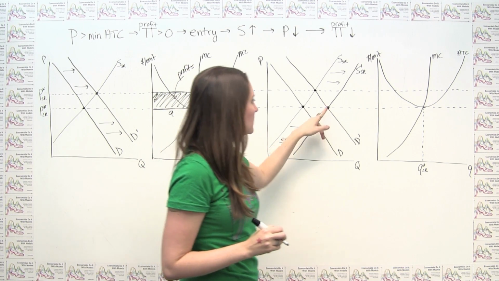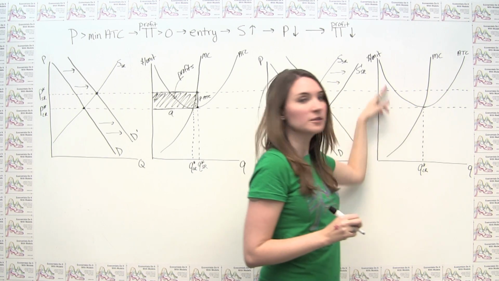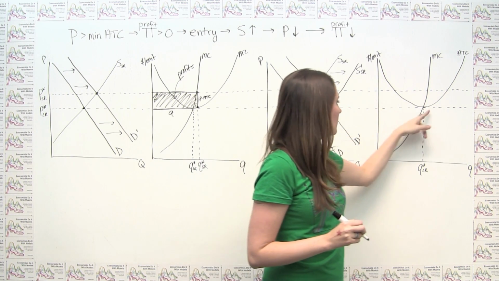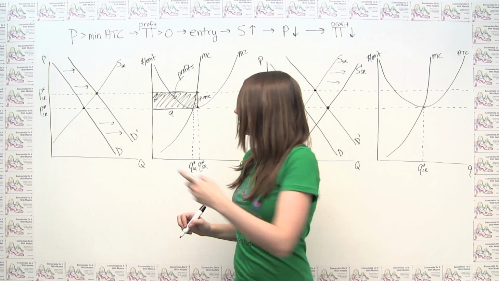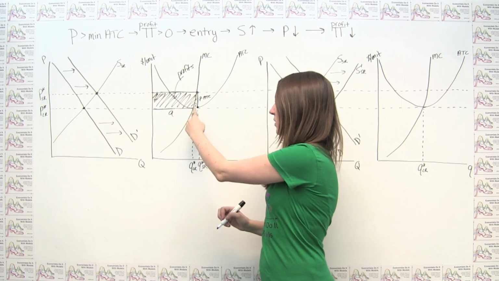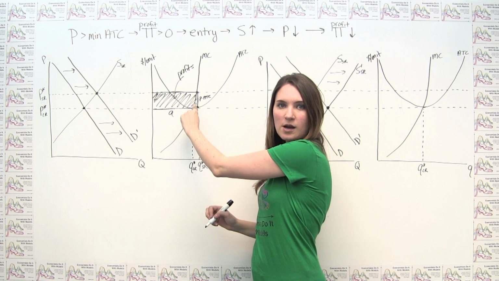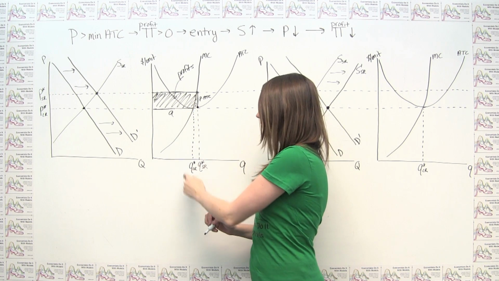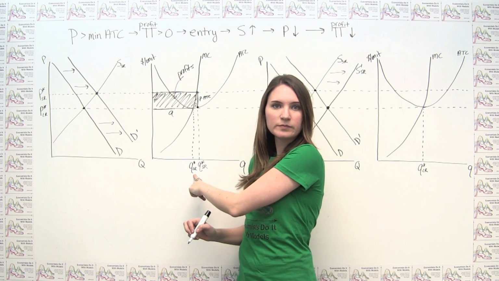You'll notice that this now corresponds with, for our individual firm, the same thing as we had before. We said that we started with a scenario where economic profits were zero. Price was at the bottom of this average total cost U, and firms were producing a quantity Q star sub LR.